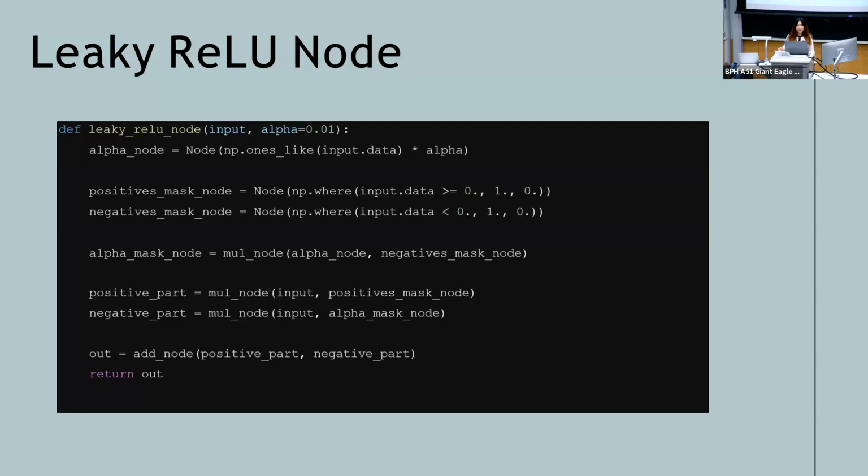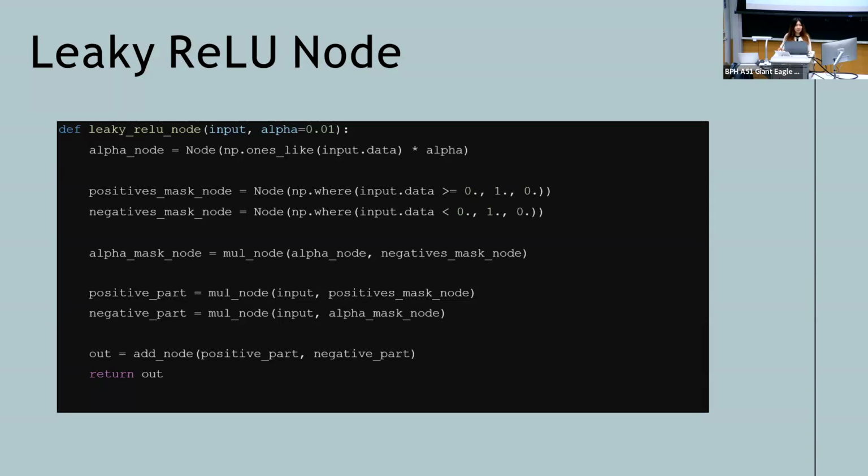When x is larger than 0, we use numpy.where to choose 1, and if x is smaller than 0, we choose 0, again using numpy.where. We use the positive and negative nodes to initialize the different nodes when x is larger than 0 and when x is smaller than 0.